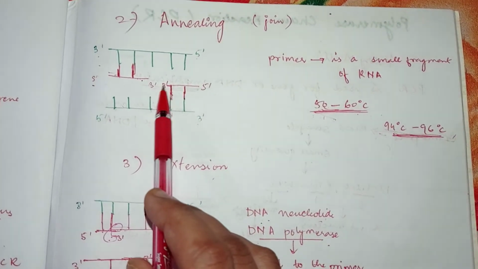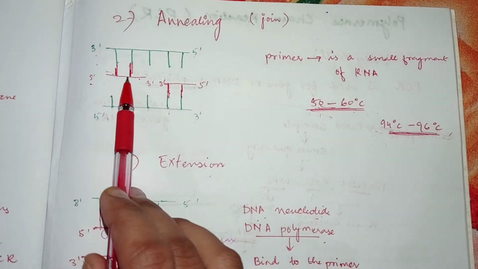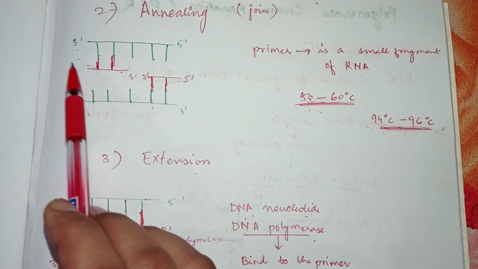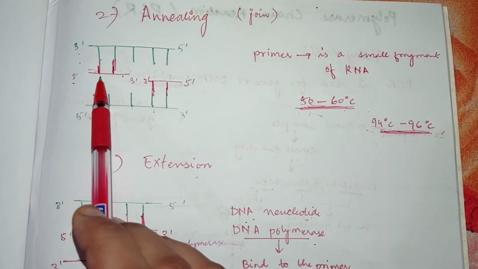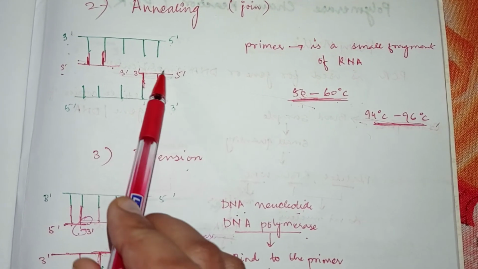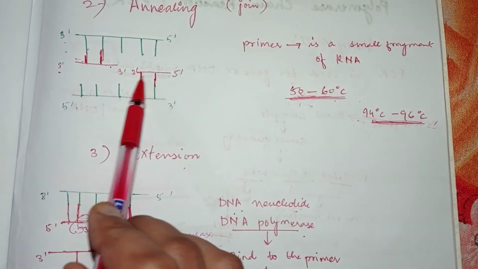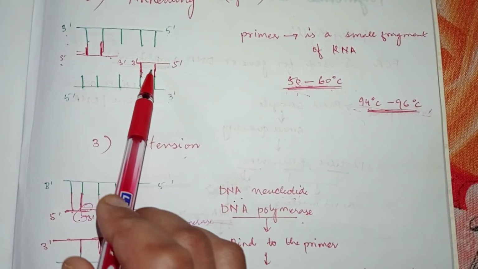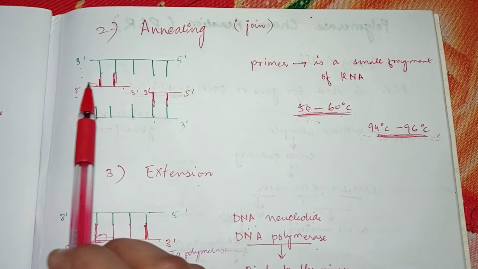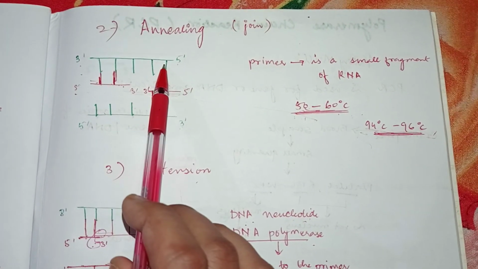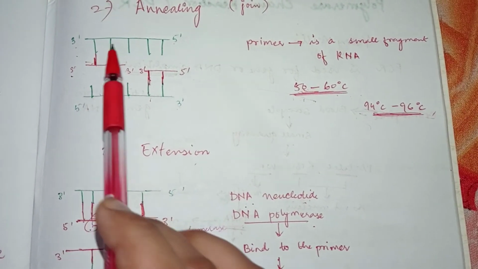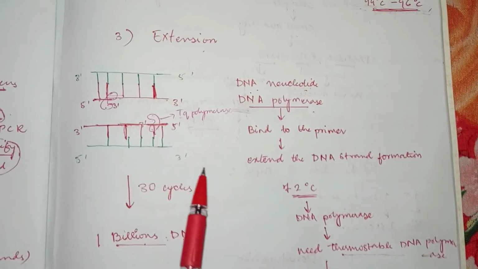So here the RNA primer binds here, and here also the RNA primer binds. The RNA primer always binds opposite to the 3' end. So here is the 5' end to 3' end, and opposite to the 3' end we are going to get the 5' end. So here we have the attached RNA primer, which initiates DNA replication. Here you can also see the hybridization because this is the template DNA and this is the RNA primer, so it shows hybridization. So the next step is extension.